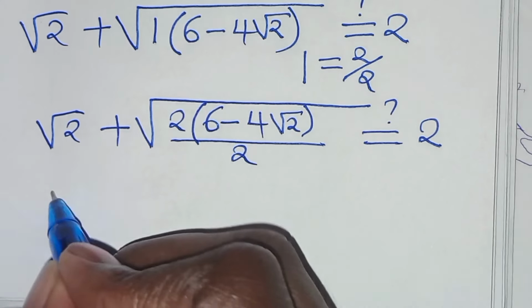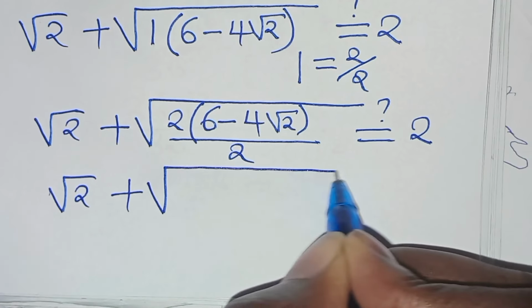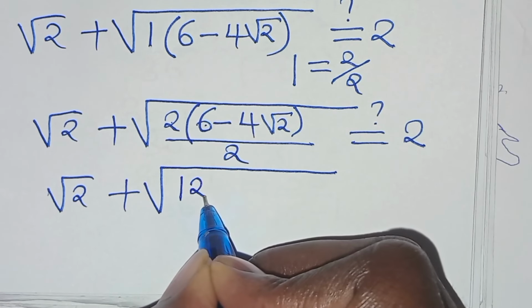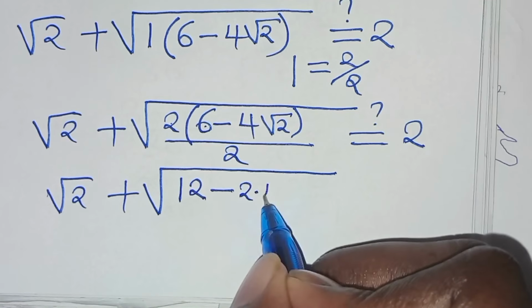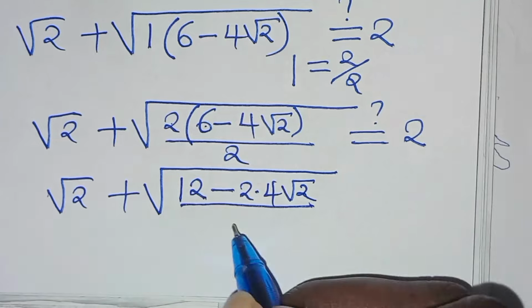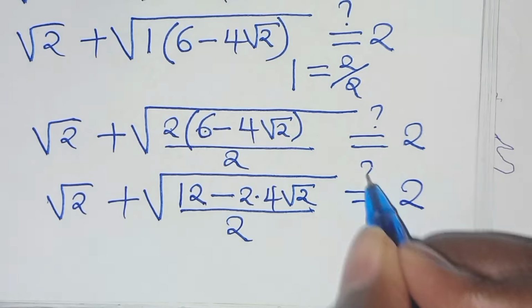Now, from here we have square root of 2 plus square root of 6 times 2, this is 12, minus 2 times 4 times square root of 2, everything divided by 2. This is supposed to give us a value of 2.